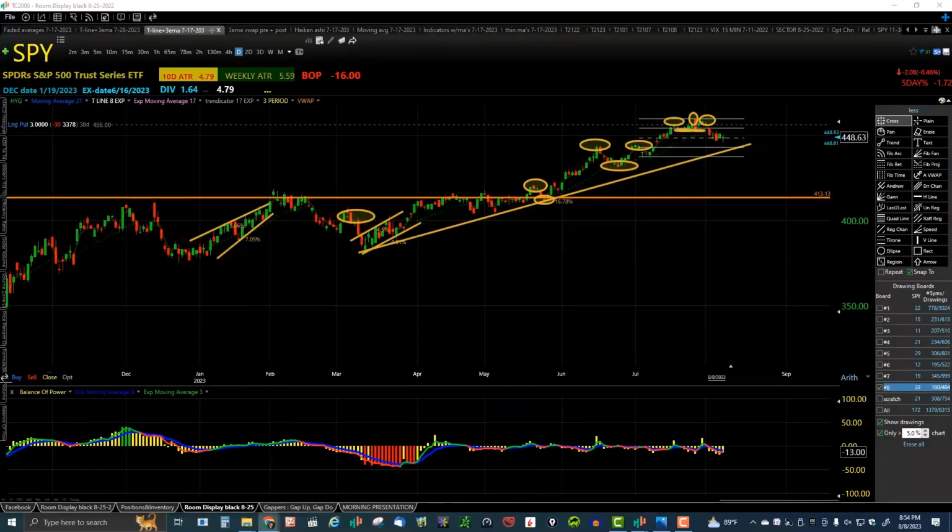How do I differentiate between major and minor? Minor is what you're going to run into first. Okay, let's just take the SPY and go to a 15-minute.